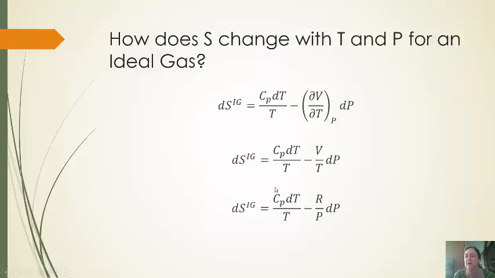This is what we typically use as the definition of dS. Frequently we use it for the case of constant C sub P, and where we say delta S is Cp ln, with the natural log of T2 over T1, minus R times the natural log of P2 over P1. This is a way that that expression can be derived.